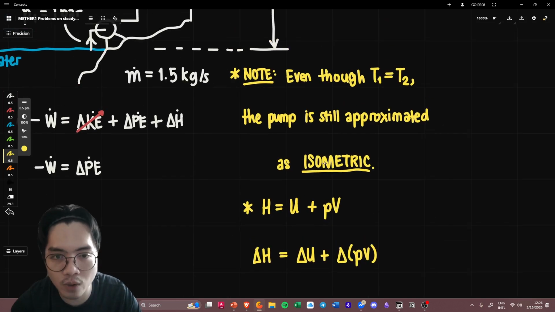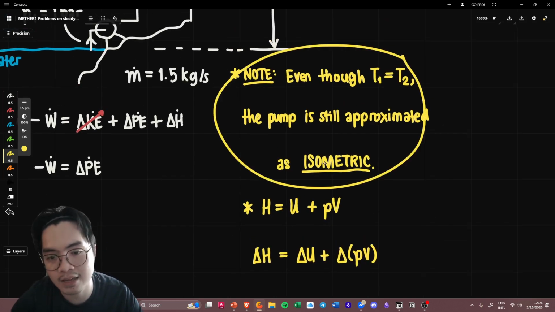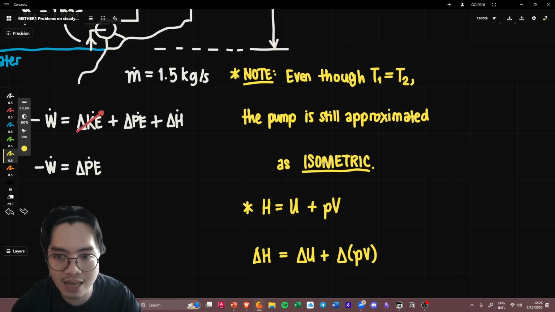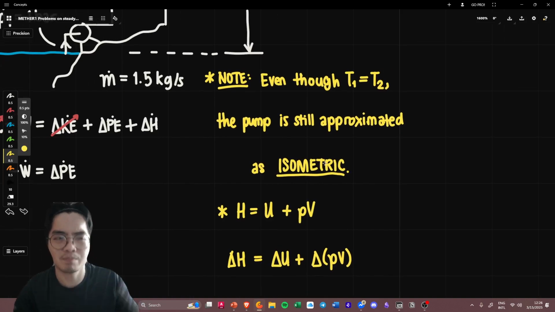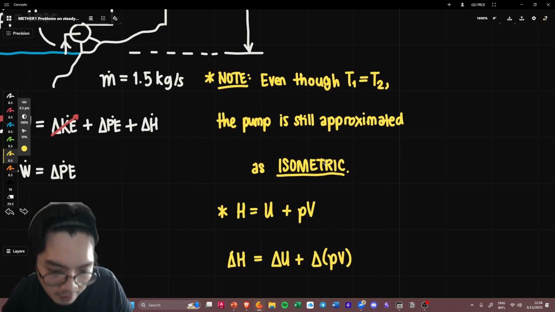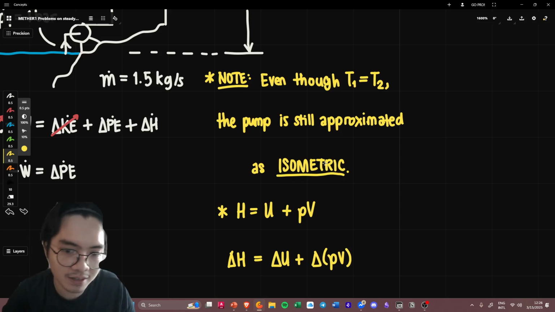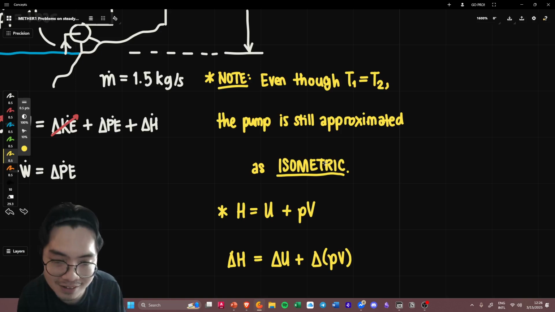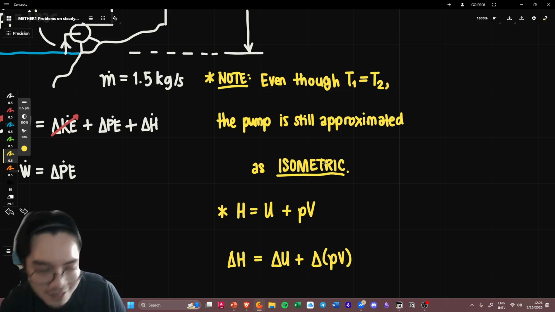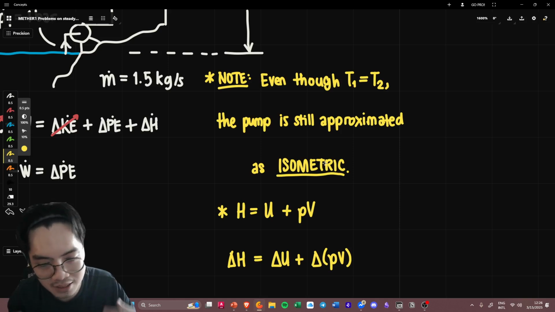Now, this is where this note comes into play. Even though it sounds isothermal, the pump is approximated as isometric. So it sounds like the pump is supposed to be isentropic, but then it's approximated as isometric, even though it looks isothermal. So it's very confusing. So I'm taking this step by step.